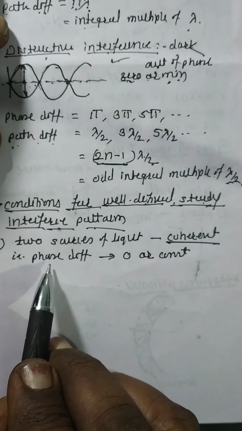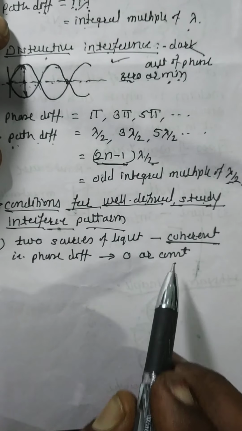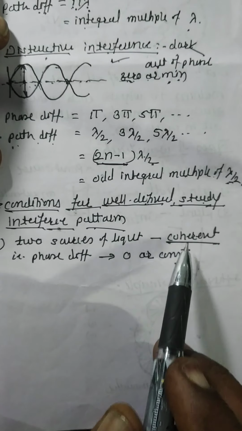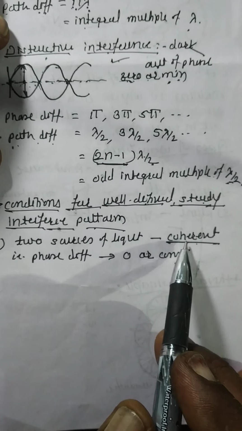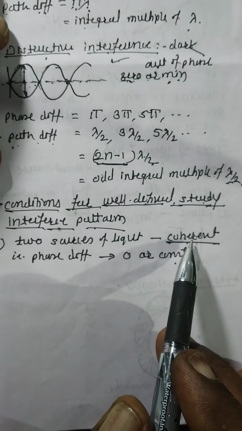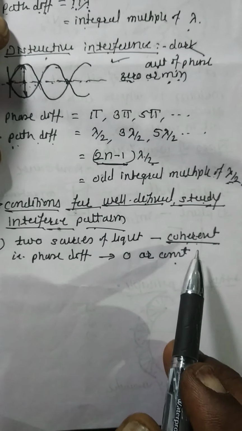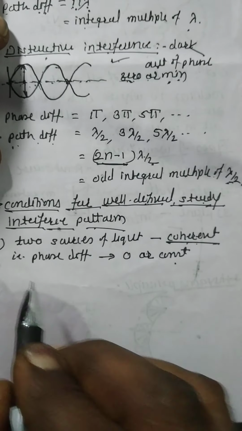If the phase difference between two arriving waves is 0 or constant, then the corresponding sources are called coherent sources. What are coherent sources? The sources which produce waves having a phase difference between them either 0 or constant, and having the same frequency.